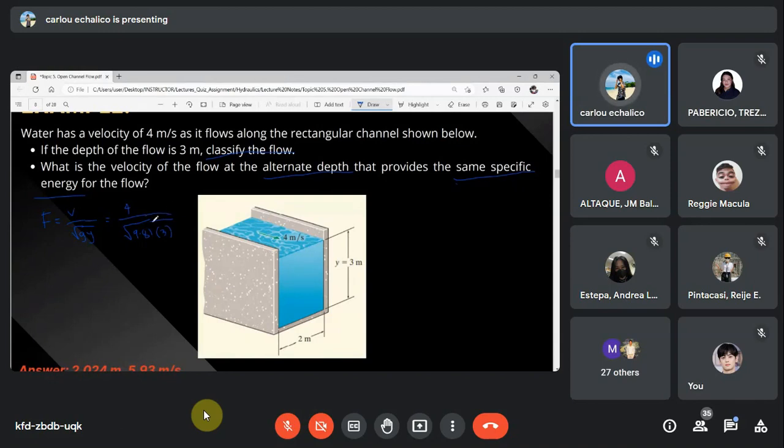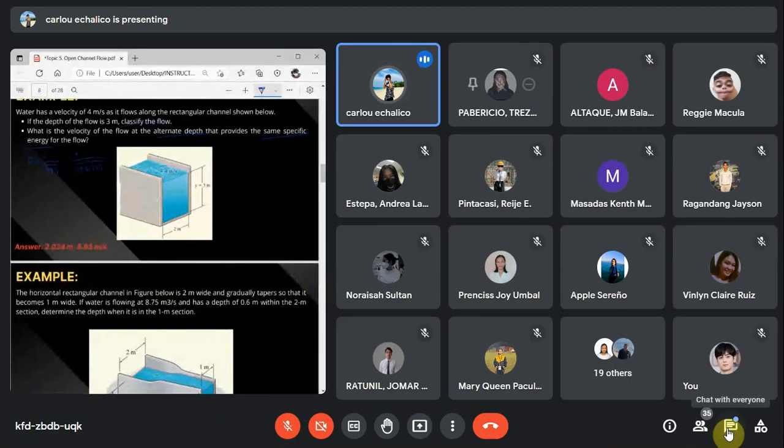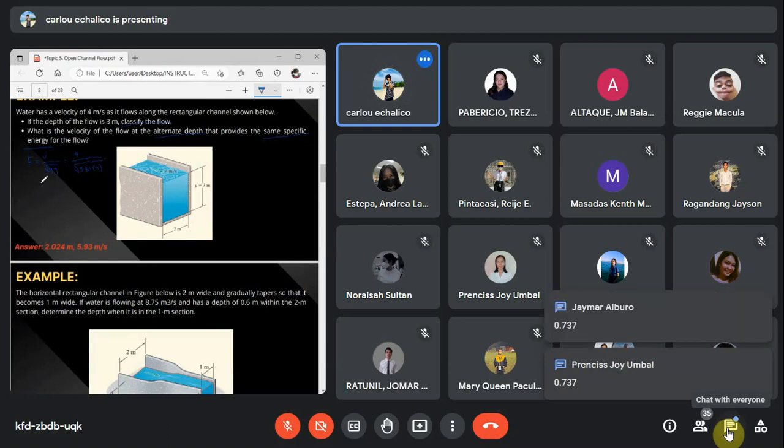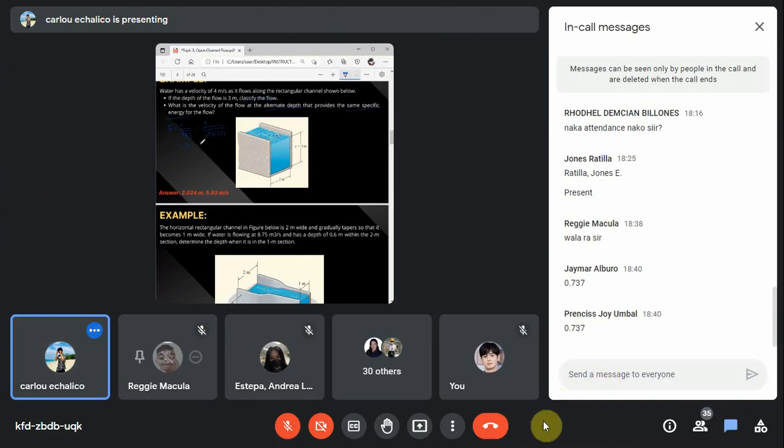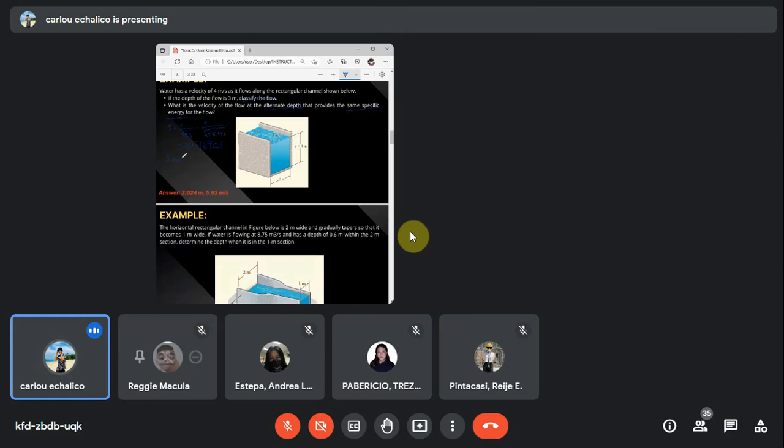Therefore, our Froude's number is, please compute it on your calculator and type it in the chat, or unmute and interact with me. 0.737. Okay, so the result is 0.737, which is less than 1. So the flow is subcritical.